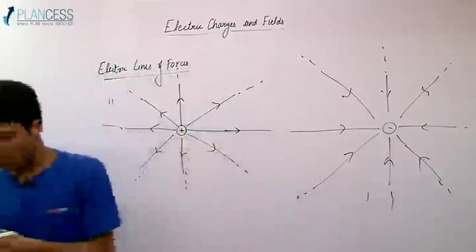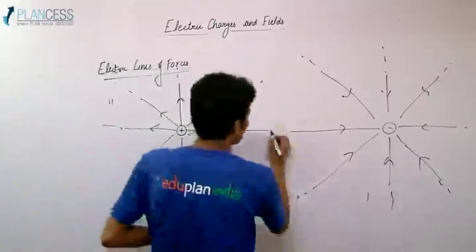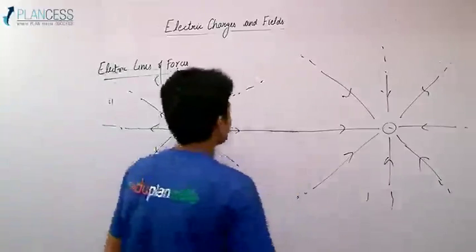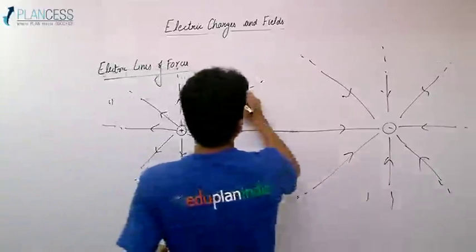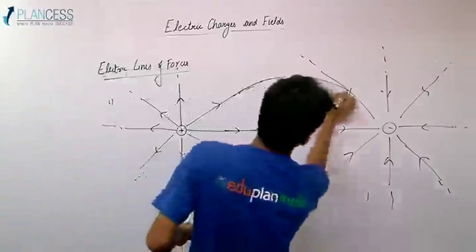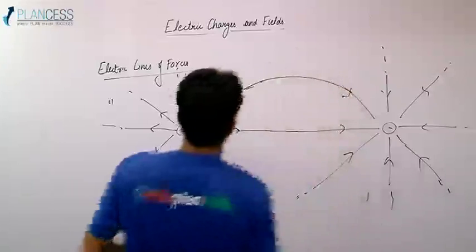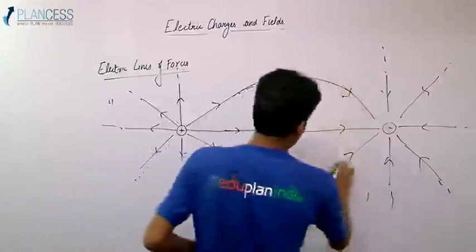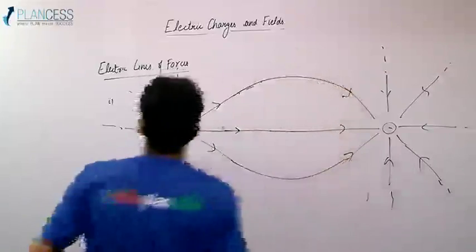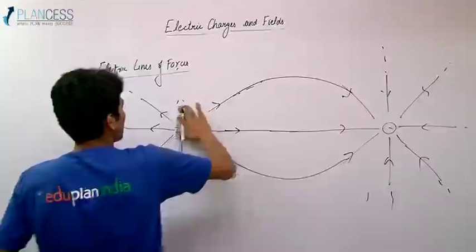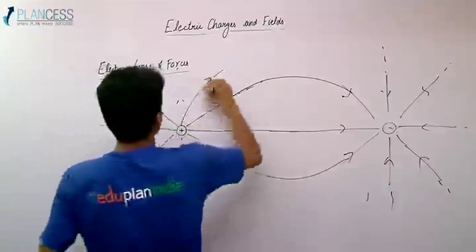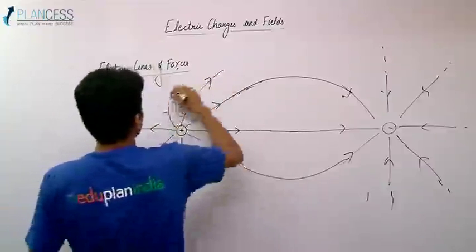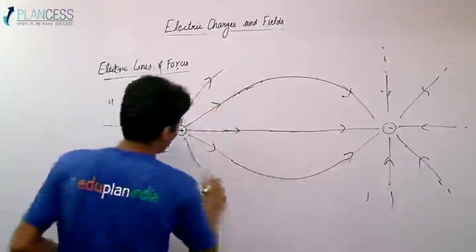When I remove this boundary, this joins, and this, instead of going to infinity, curves here like this. This again, instead of going to infinity, curves like this, and this line also bends like this. This line also gets bent.